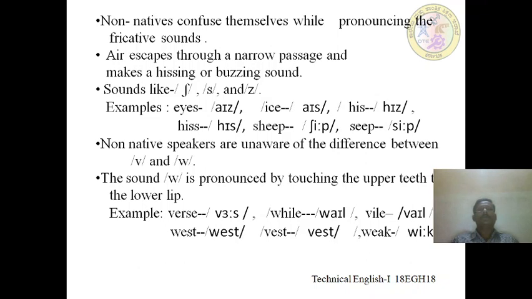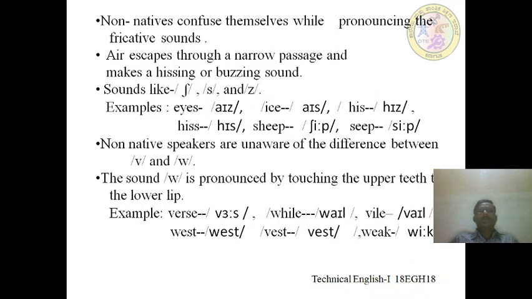When we produce the fricative sounds, air escapes through a narrow passage, and that makes a hissing or buzzing sound. Sounds like sh, s, z. For examples, eyes, his, sheep.